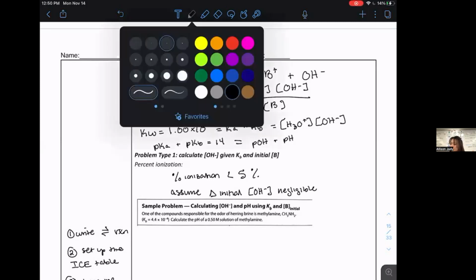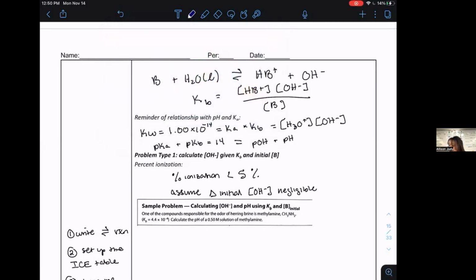Right? So this is what happens when you divide your OH minus production by your base. That would be like saying your Ka divided by your base concentration.